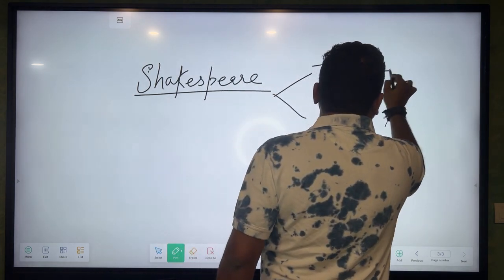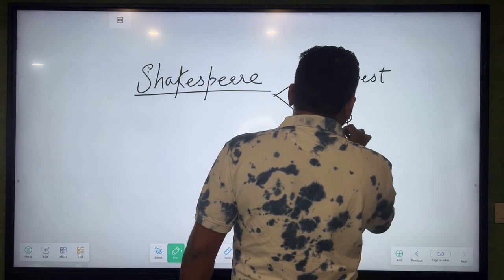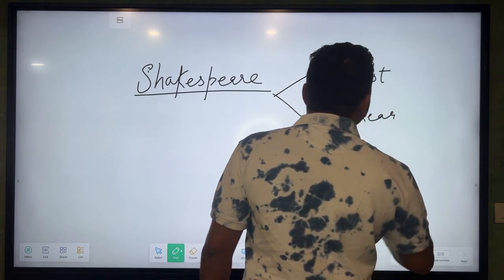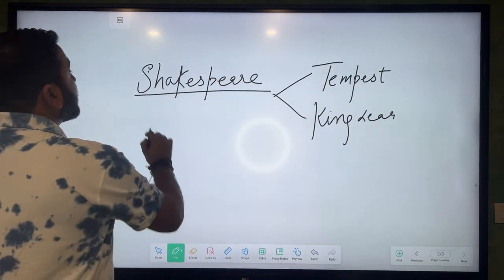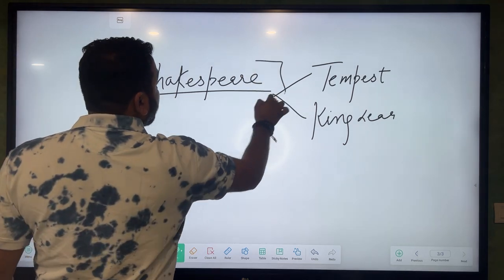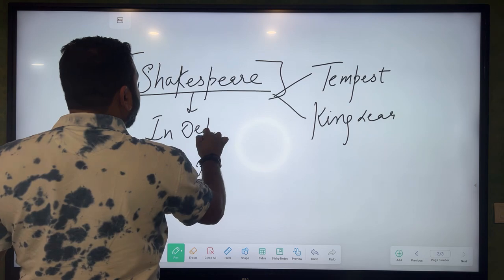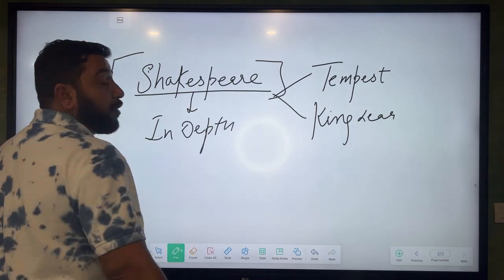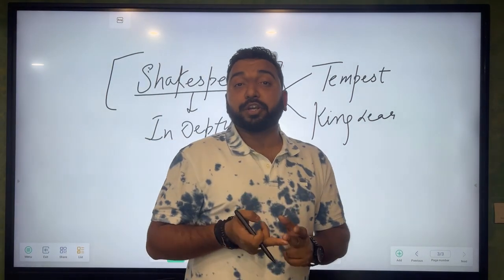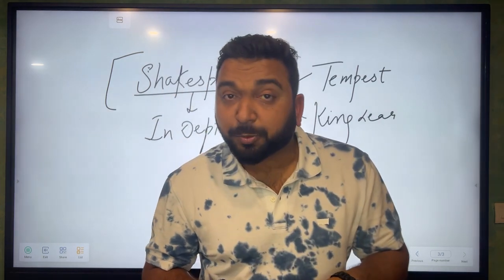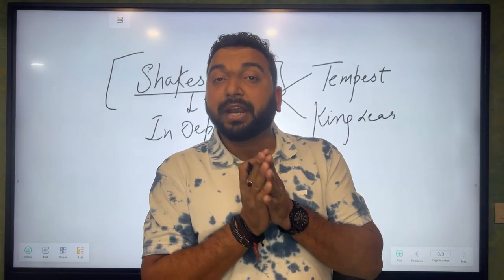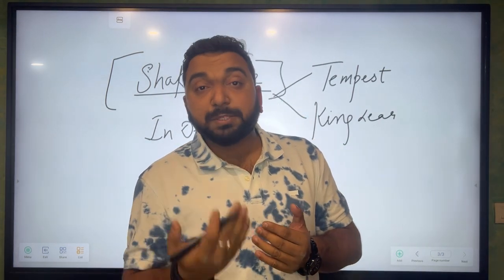Tempest, King Lear, these two books have been prescribed. So here you have to go for this man first. First, make sure you know this man. So in-depth knowledge of the writer himself. Who is Shakespeare? How did he become Shakespeare? Who were the first writers to guide him? Who inspired him?